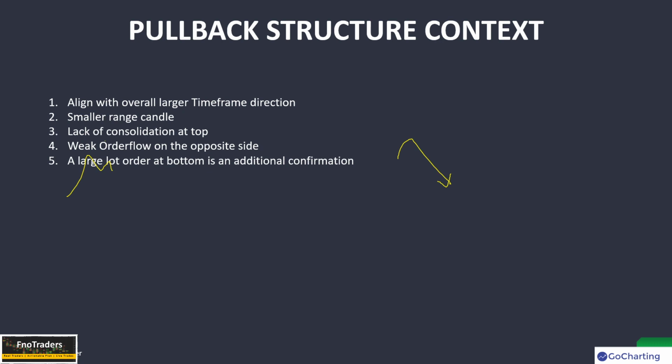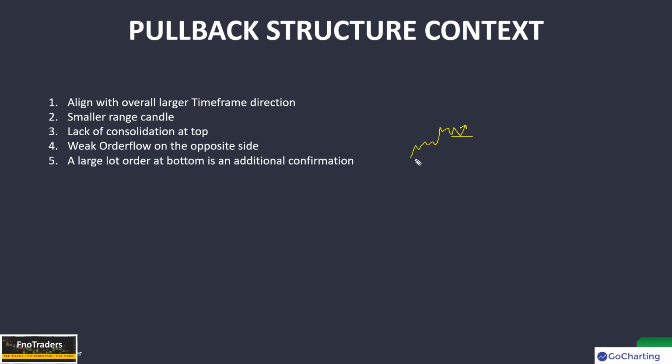We will cover one each of them. The first one is, whenever you're looking to trade a pullback, you have to be really clear that the pullback is still in the context of the overall direction. If your overall direction is up, then you are looking to trade a pullback on the downside and enter the long side.